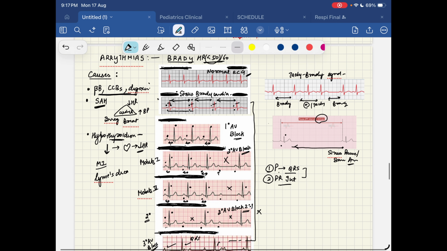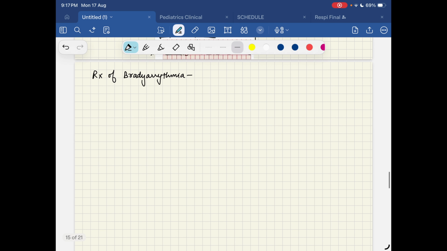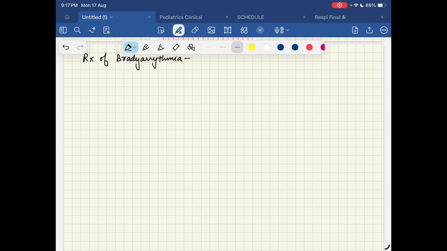After we are clear with the types of ECGs, with the causes of bradycardias, and with the variants of bradycardia, let's proceed to the treatment. See, you have to first of all know what your patient is like. Let's assume our same old guy, a 45-year-old male, walking into your clinic, and you check his heart rate, it is less than 50.